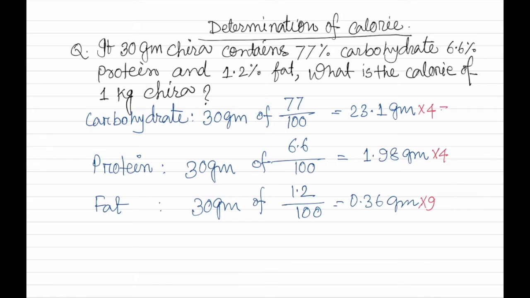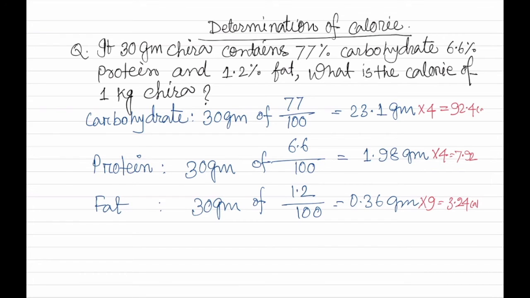So what will be the answer? 0.36 into 9 will be 3.24 calorie. The second one, 1.98 into 4, the answer will be 7.92 calorie. And third one is 23.1 into 4, the answer will be 92.4 calorie energy.